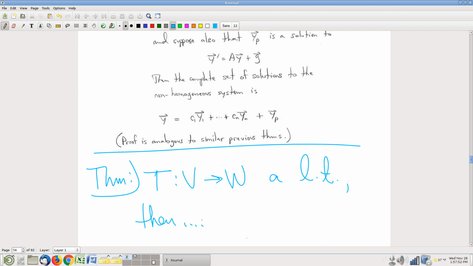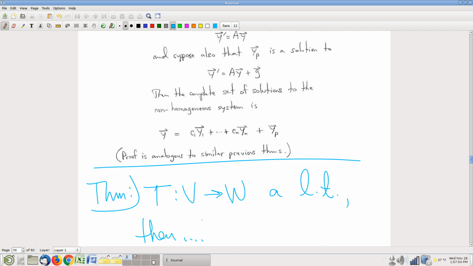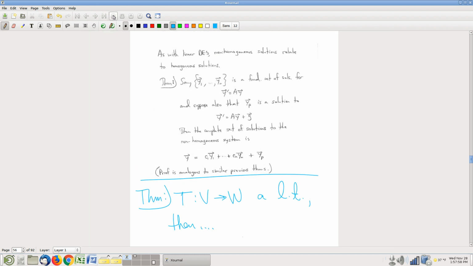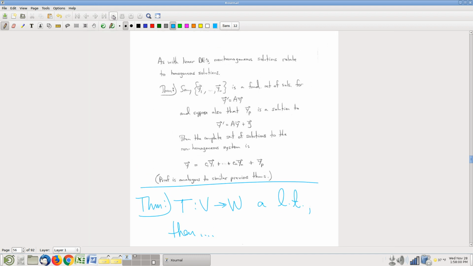Right. So to prove the theorem above, again, you don't really have to do a whole separate proof. You just need to realize, and I guess check, that what we have here is in fact a linear transformation. And what we are looking at here is our linear transformation in this case is T of y equals y prime minus ay.